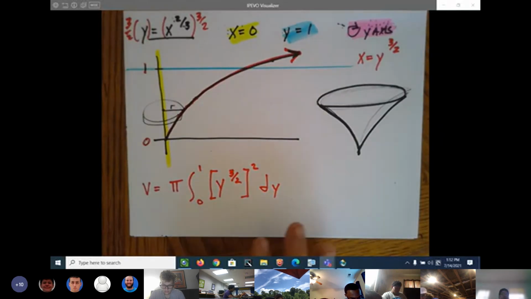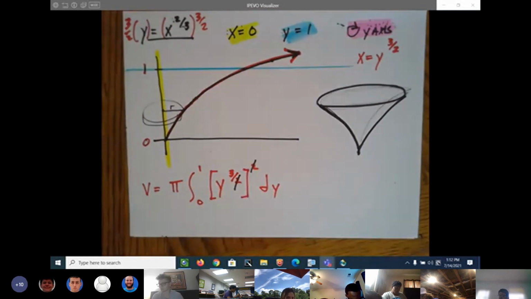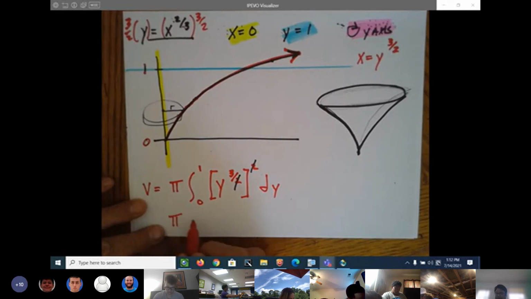And of course, what happens to the square and the 2? They cancel. And now you've got pi times the integral from 0 to 1 of y cubed dy.